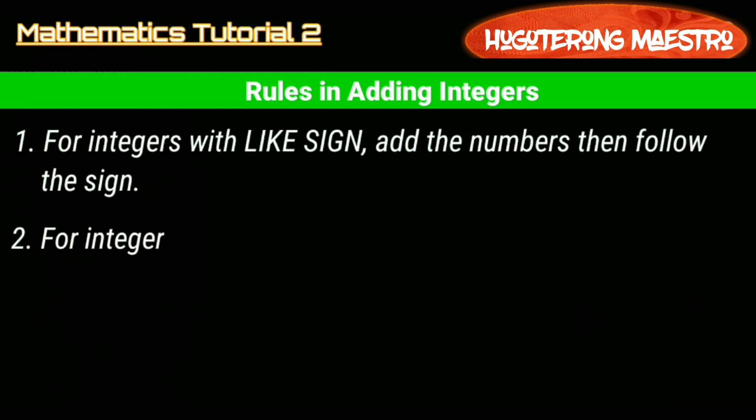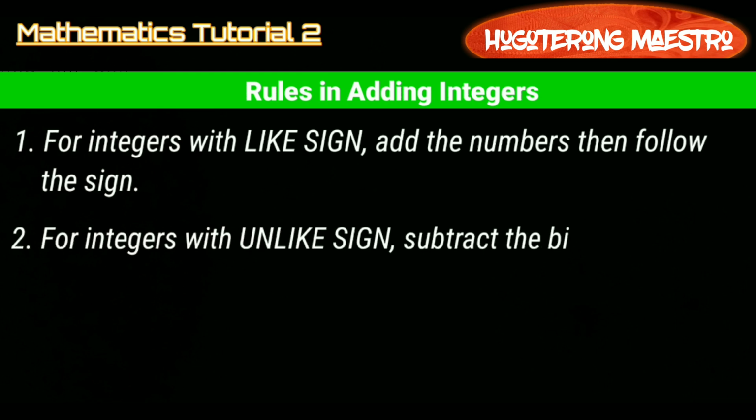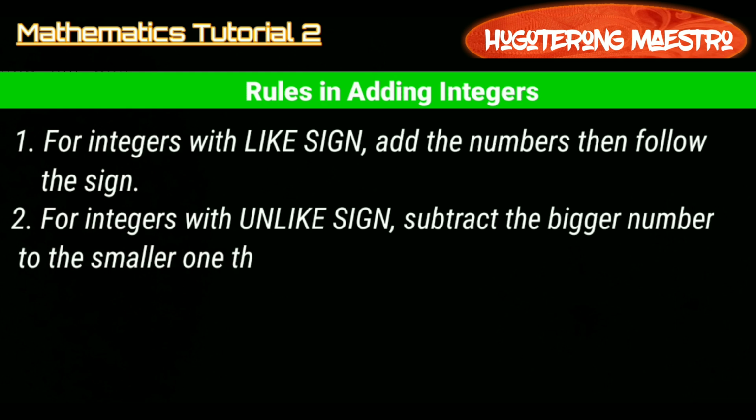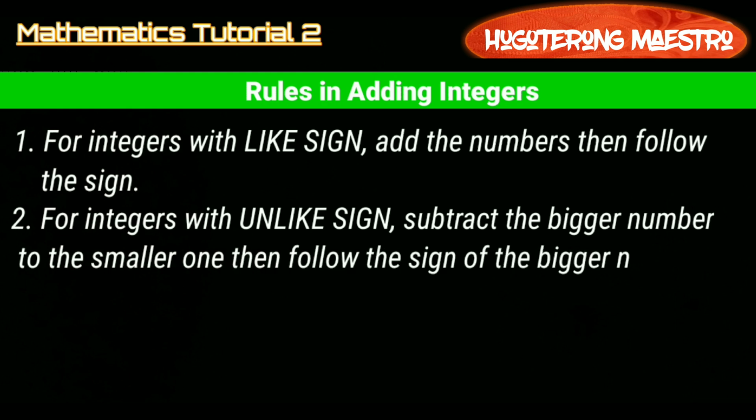Rule number 2. For integers with unlike sign, subtract the bigger number to the smaller one, then follow the sign of the bigger number. Ibig sabihin yan, kung hindi pareho ang sign ng numbers na i-add natin, isasubtract natin yung malaking number doon sa maliit, at para sa iyong final answer, just follow the sign of the bigger number.